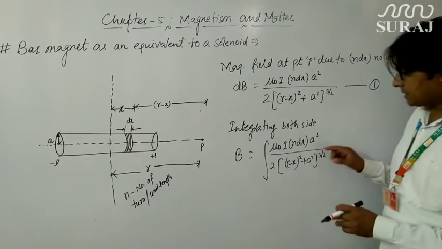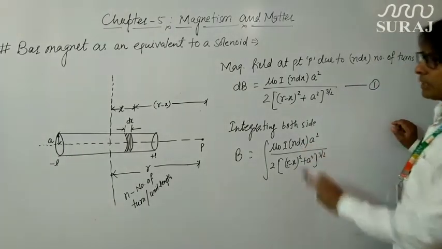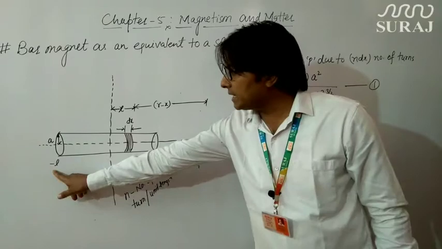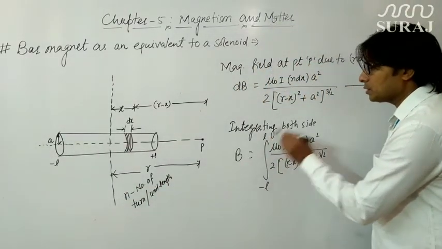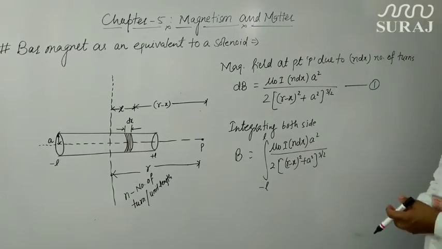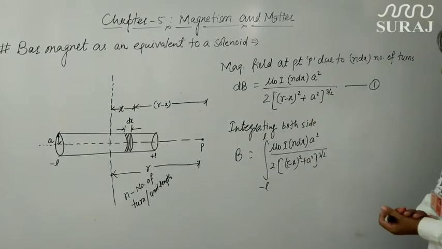And since the variable is x, the limit of x will be minus L to plus L for the entire length of this solenoid.